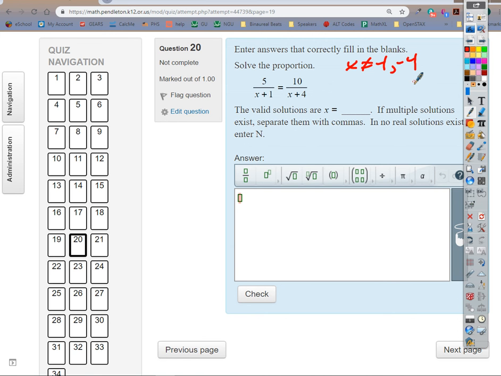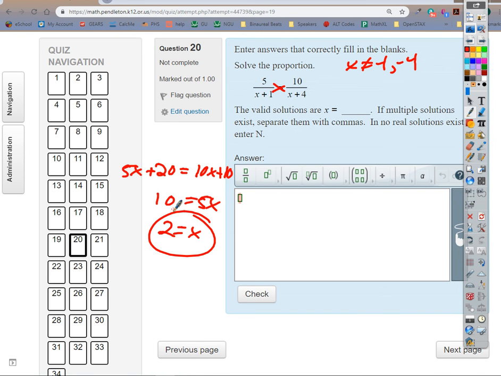If I cross multiply, what do I get with that cross product? 5x plus 20 equals, how about that cross product? So let's push the x's to the right, subtract 10, so what's x? Is 2 an excluded value? No, so that's our solution.